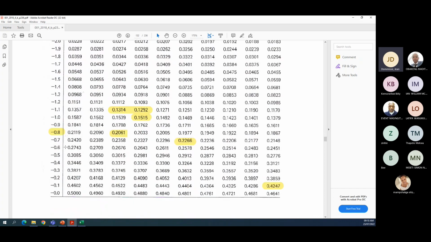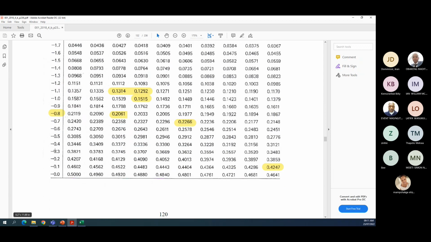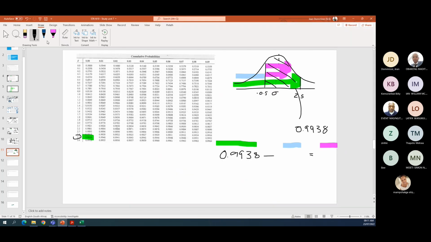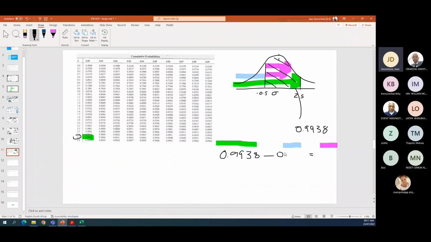So we go down to negative 0.5, then go across, and there we see 0.3085. So the blue area is 0.3085.